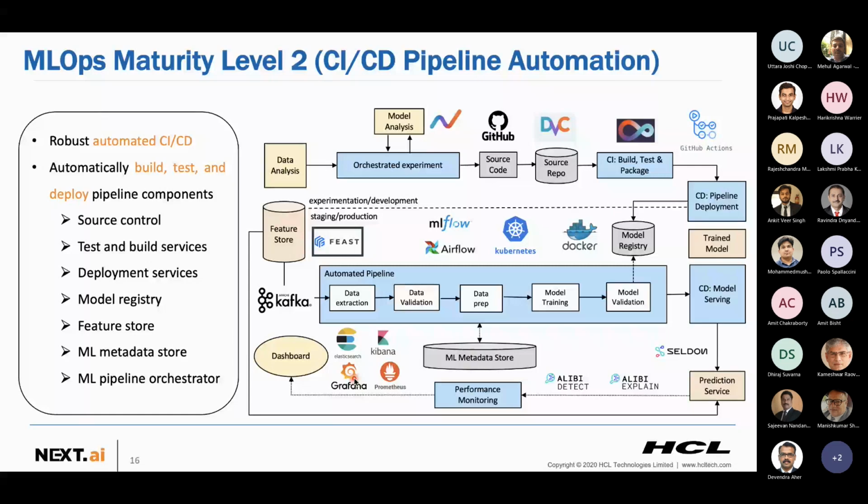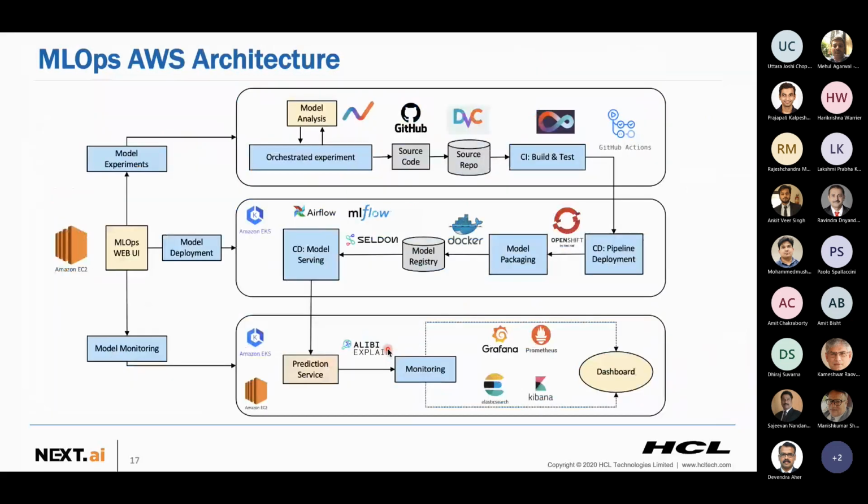And whatever data is being streamed by Kafka would be stored in Elasticsearch, and we would be visualizing that in Kibana dashboards. With the Kibana dashboard, we can visualize the data distributions that are being streamed by Kafka. So this is the MLOps specific AWS architecture.